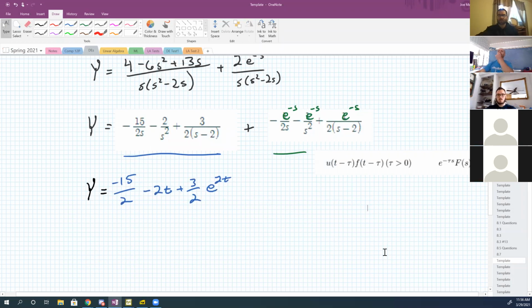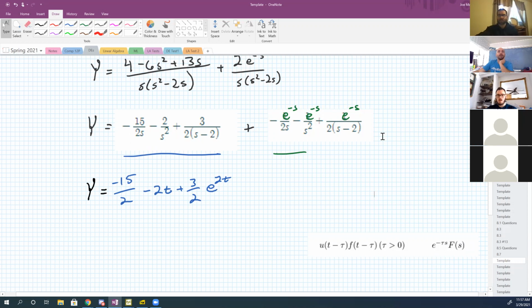So this is my plan. Each of these pieces I'm going to split up just a little bit before I do any inverse Laplacing. The right-hand side is what I need to see: e to the minus something times the Laplace transform of a function I know.